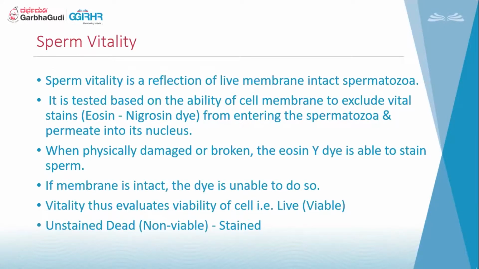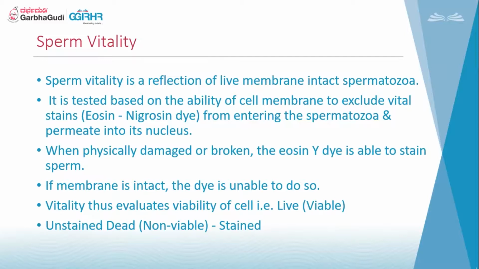As I told you, this is a sperm vitality test. Sperm vitality is a reflection of live, membrane-intact spermatozoa. It is tested based on the ability of the cell membrane to exclude vital stains, that is EOSIN and NIGROSIN dye, from entering the spermatozoa and permeating into the nucleus.